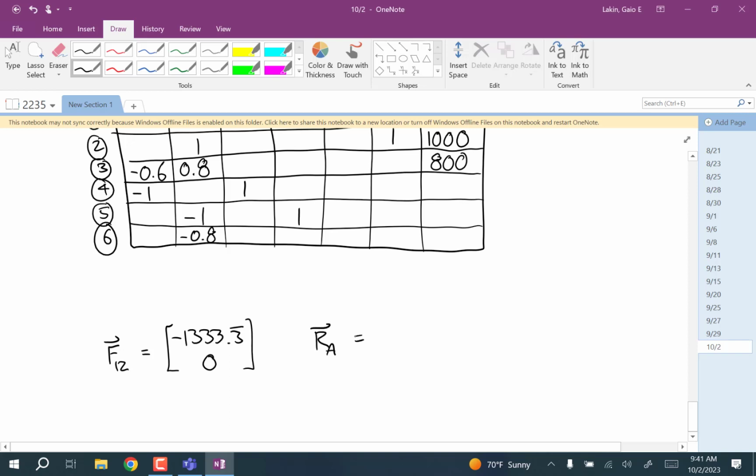RA is equal to -1333.3 repeating, 0. And RC is equal to 1333.3 repeating, 1,000.